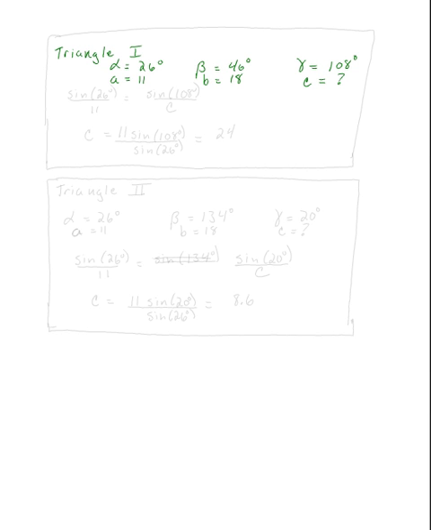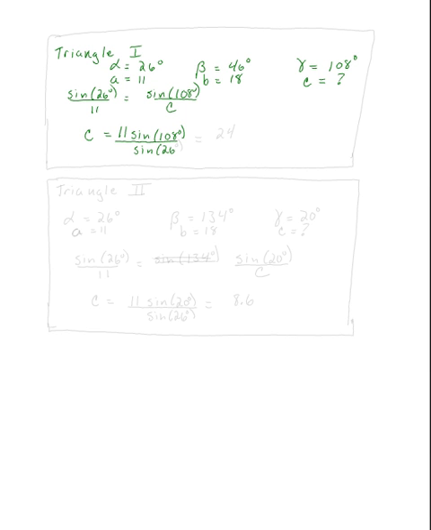Okay, I'm going to go back to the given values of alpha and A instead of using the calculated values of beta. So I'm going to say the sine of 26 degrees over 11 equals the sine of 108 degrees divided by side C. And then I'm going to solve for C. That's going to give me C equals 11 sine of 108 degrees over the sine of 26 degrees.